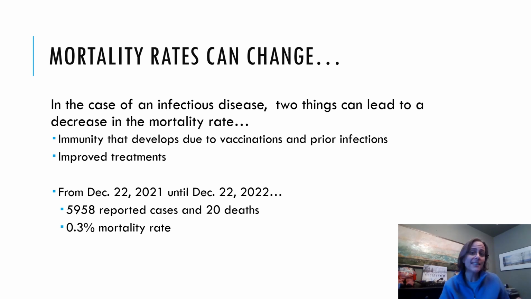So our mortality rate is now down to 0.3%, so it's halved. It's probably even a little bit lower than that because I'm pretty sure a lot of people aren't getting tested anymore. So our case number, our denominator is way lower than it should be. But we can see that we're having a lower case fatality rate because of improved immunity and improved treatments, both in this case.